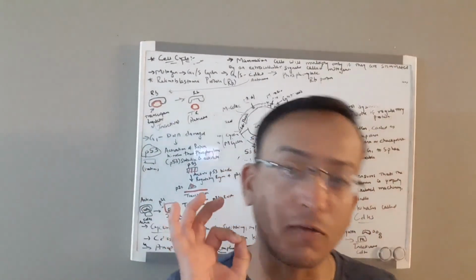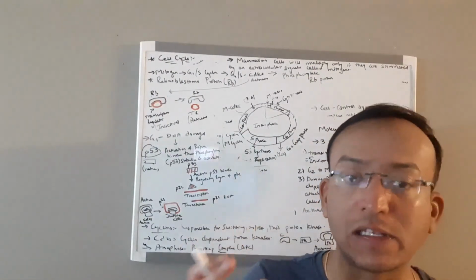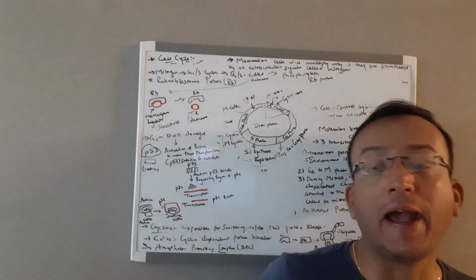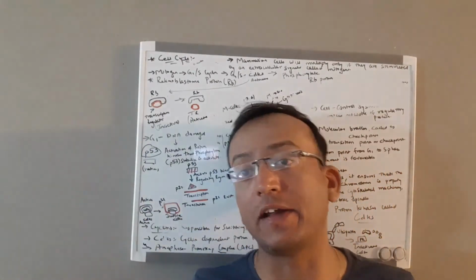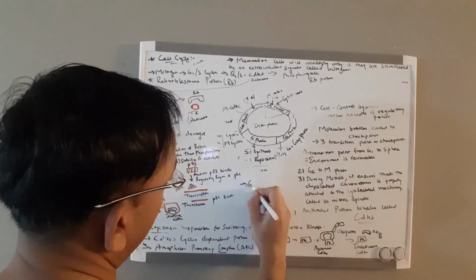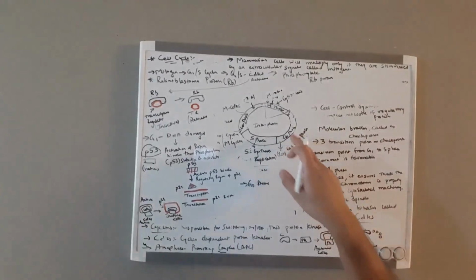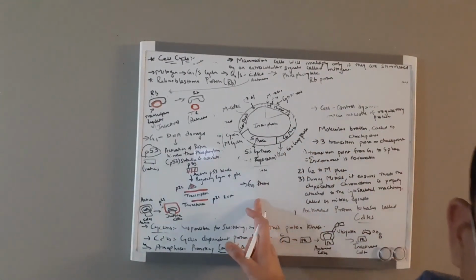In the absence of appropriate signals, other cell types can withdraw from the cell cycle only temporarily, entering an arrested state called the G0 state. It's not G1, but the G0 state.